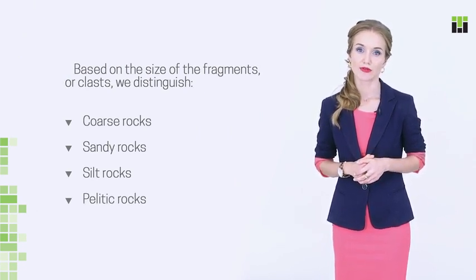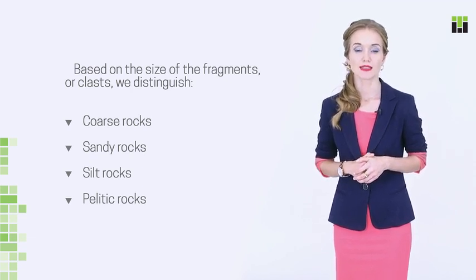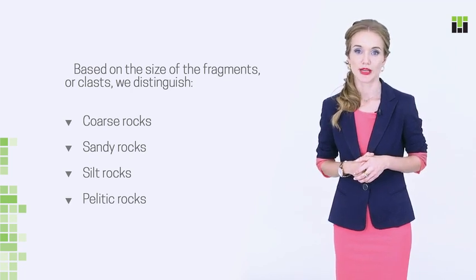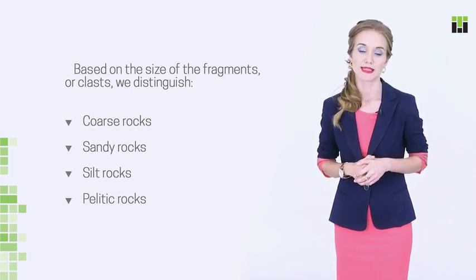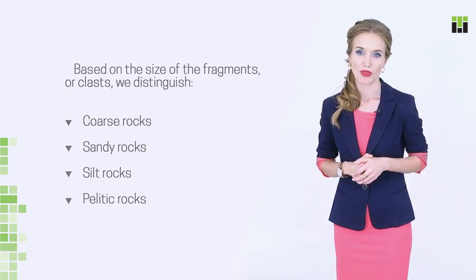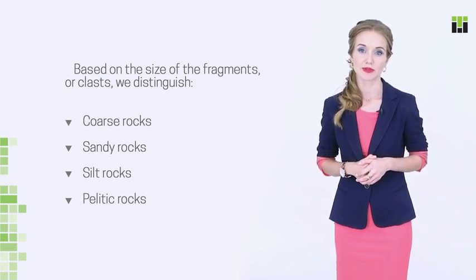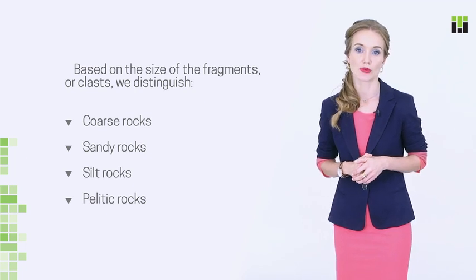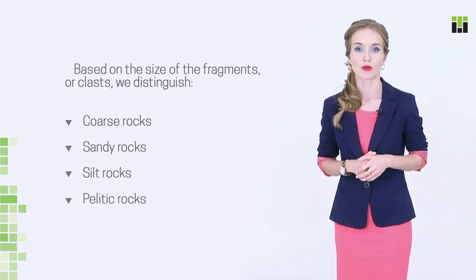Rock types differ from each other not only in clast size, but also in clast shape, round or angular, and presence or absence of cementing material.